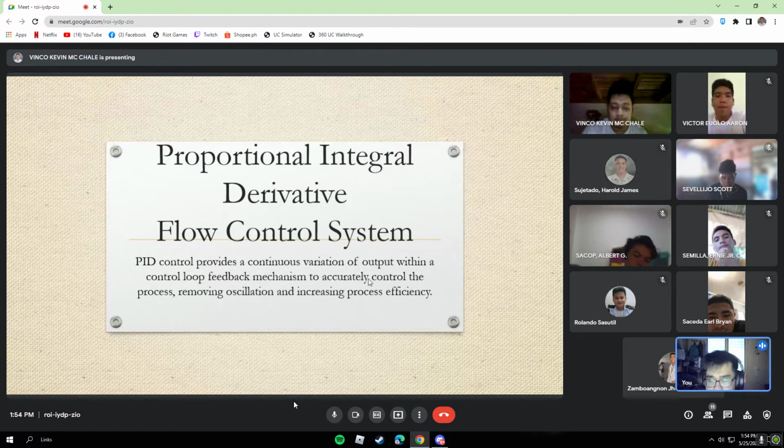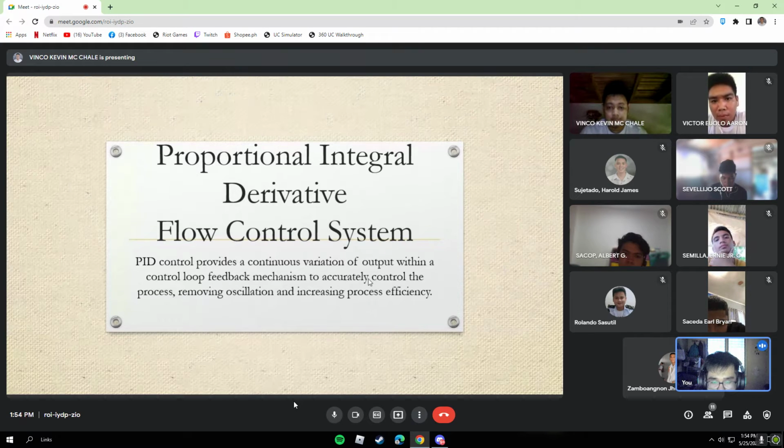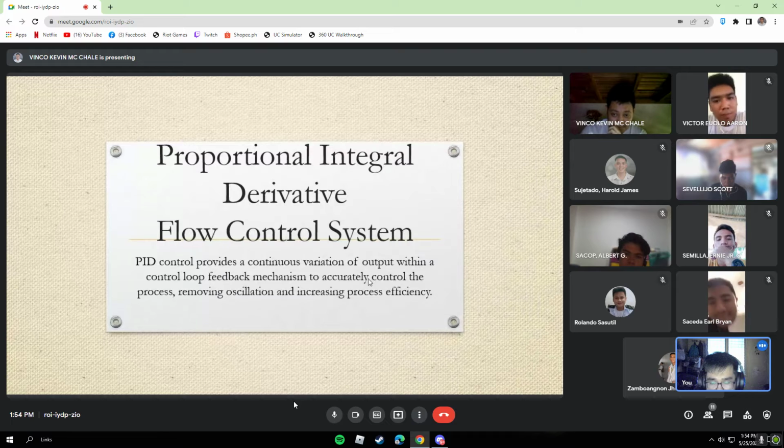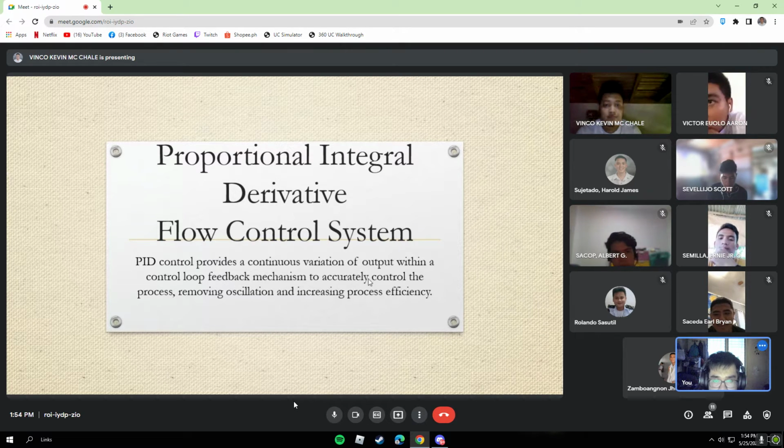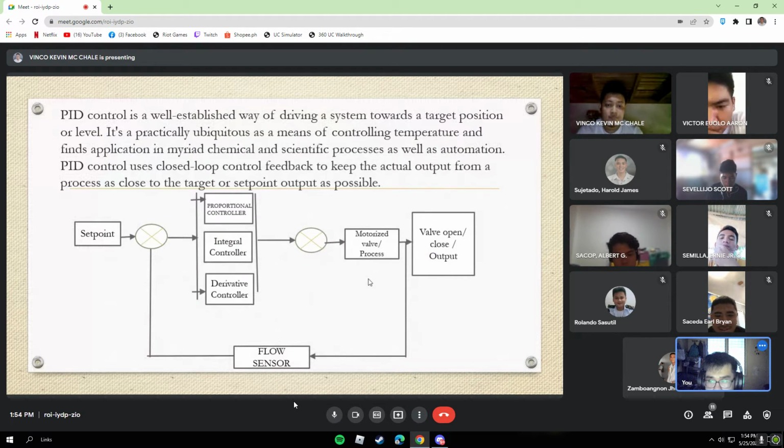PID control provides a continuous variation of output within a control loop feedback mechanism to accurately control the process, removing oscillation and increasing process efficiency. PID control is a well-established way of driving a system towards a target position or level.